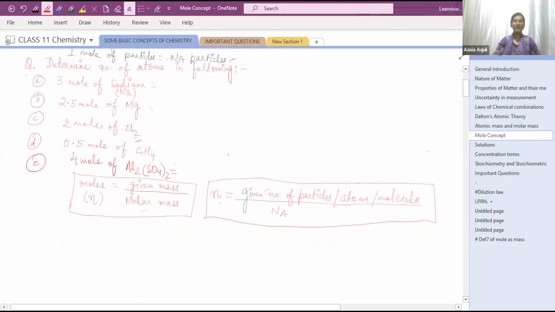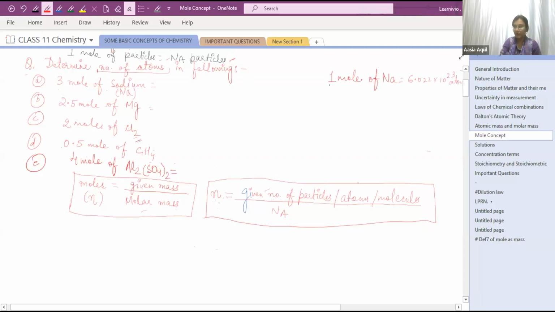Here's a question. Determine the number of atoms in the following. First is 3 mole of sodium, right? So what are the number of atoms in 3 mole of sodium? So we know that 1 mole of any entity, so here it is sodium, 1 mole of sodium, will contain 6.022 into 10 to the power 23 atoms, right?